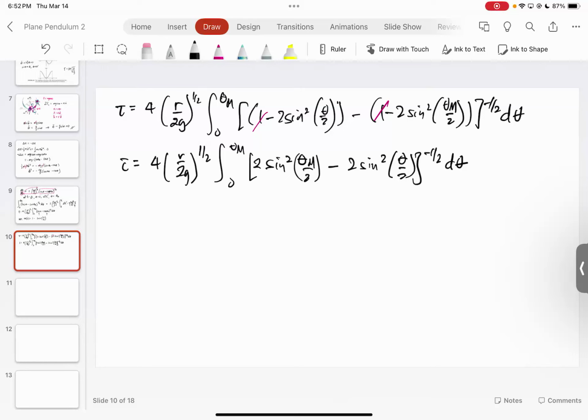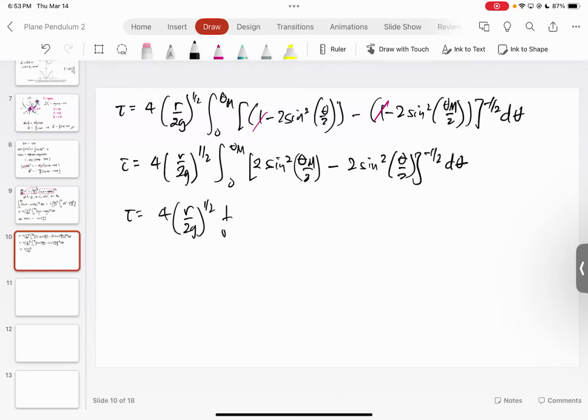So we have tau is equal to 4 r over 2g to the 1/2. And then I factor out the 2 and the sine squared theta sub m over 2. Remember, it's in the denominator because it is raised to the negative 1/2. So when I factor out 2, I'm actually factoring out 1 over square root of 2.